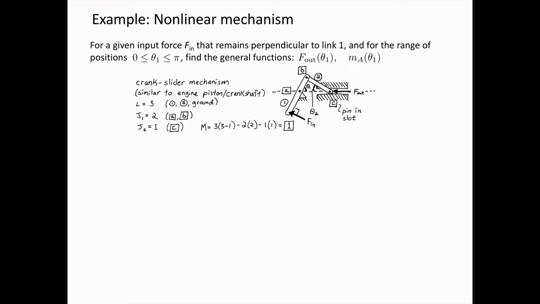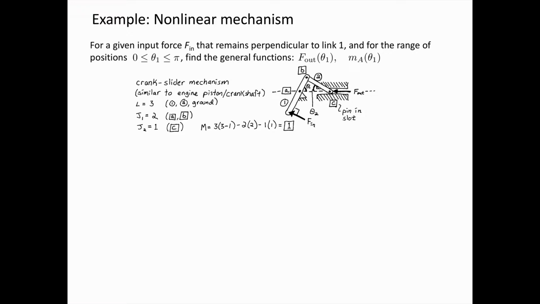And in this case, in this system, the ratio of output force to input force definitely will depend on position. So this is a crank slider mechanism. It's similar to an engine with a piston and crankshaft assembly.